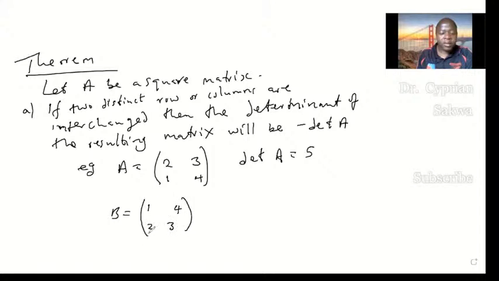And let's see what the determinant of B will be. The determinant of B will be 3 minus 8, which is negative 5. So this is what this theorem says: if I take any square matrix and interchange any two rows, then the determinant of the new matrix would be the determinant of the old matrix times negative 1. And you've seen it in this example.